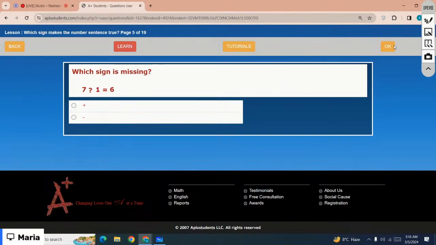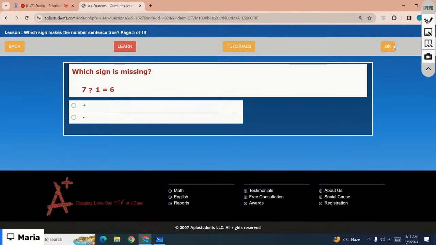The next one is, which sign is missing? 7, missing sign, 1 equals 6. So which is the correct option? The correct option is, yes, again you have to subtract: 7 take away 1 equals 6.